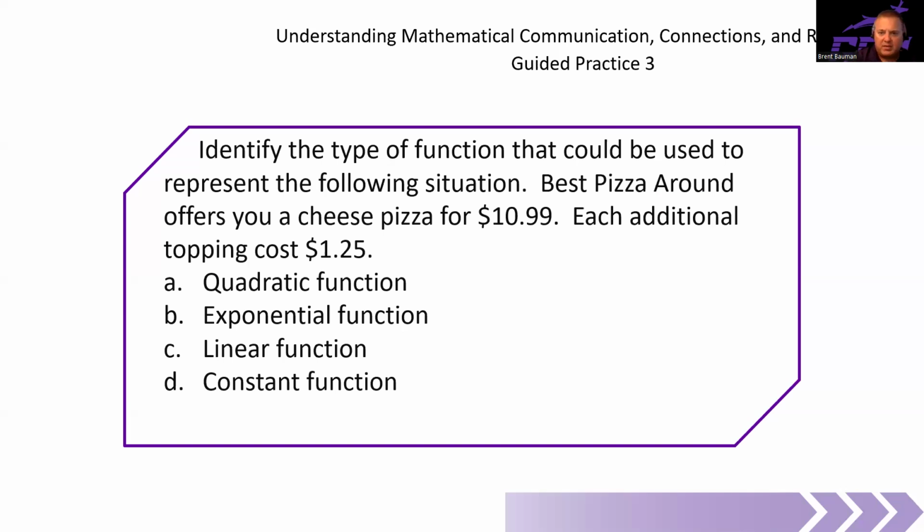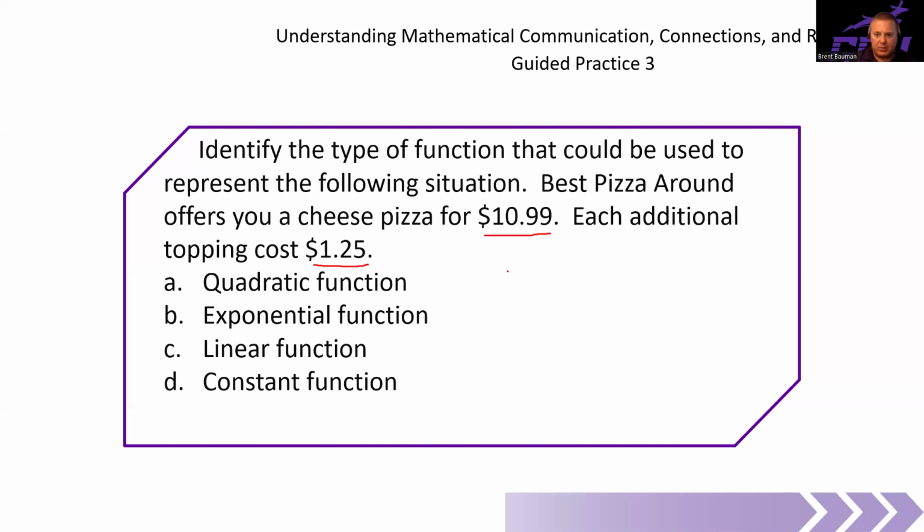In this one, the best pizza around offers you a cheese pizza for $10.99. Each additional topping costs $1.25. So there's an extra charge: a flat charge of $10.99, and then an additional charge of $1.25 per topping.